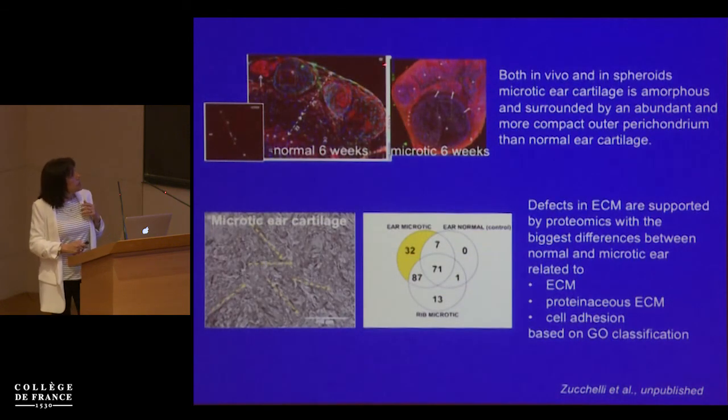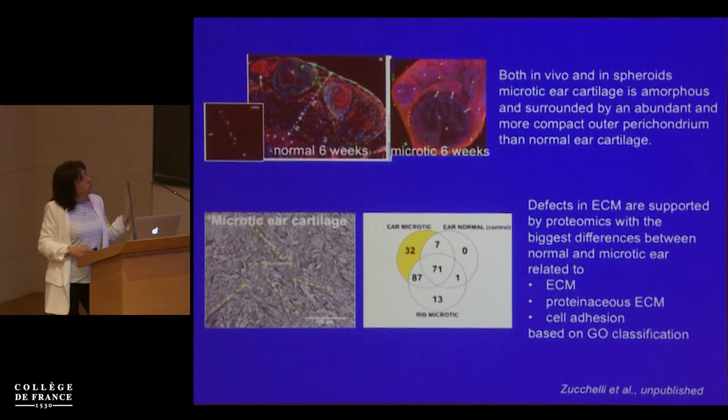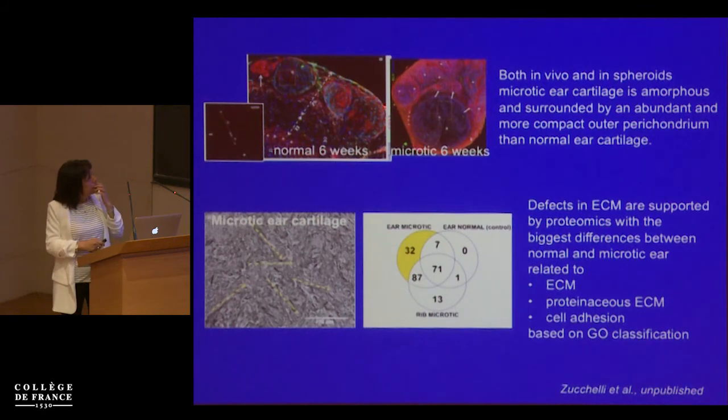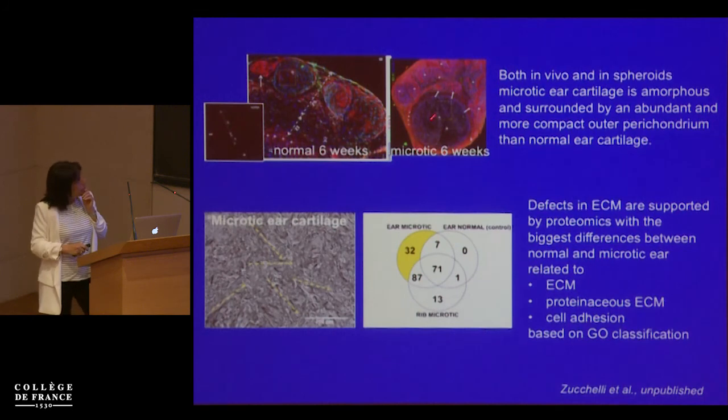The other thing that we did was grow these cells as organoids in culture, or spheroids, or just micromasses, but anyway, we're trying to mimic the tissue. I don't have time to go into all the detail, but we noticed there is expression of SOX9, as you'd expect, but by comparing the progenitors from normal cartilage and from the microtic one, we see different definitions that remind of the nodules, that remind of what we see in the section.